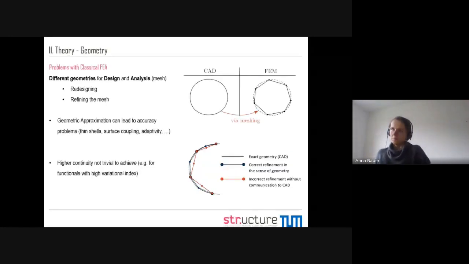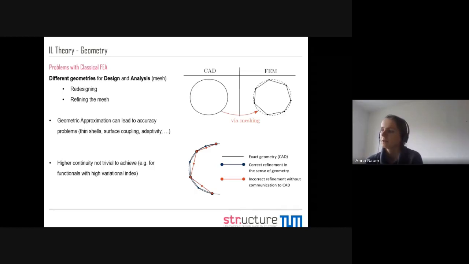Here you can see again what the problem is. First we have, for example, an exact circle, and then we make a polygonal mesh out of it. So it's becoming inaccurate. This can lead to problems in the analysis because we're not exact anymore.